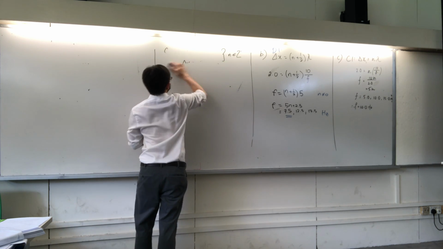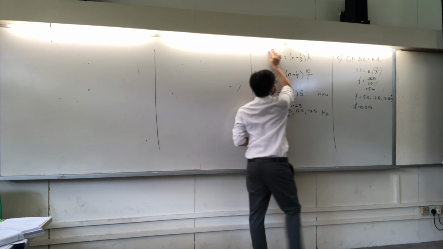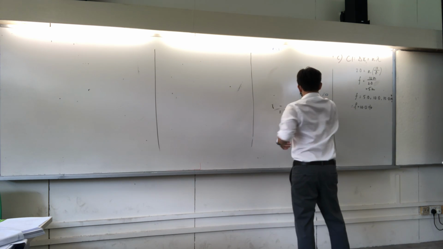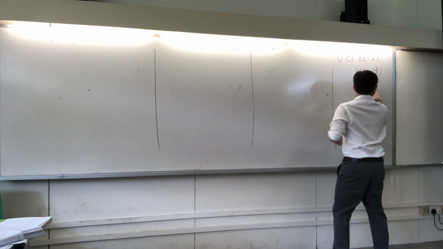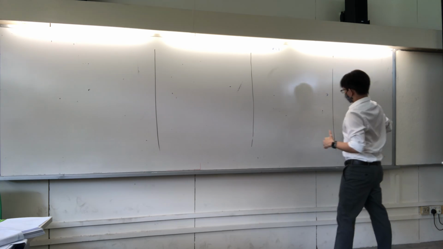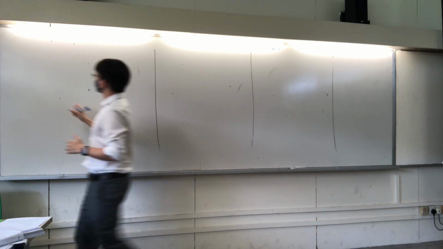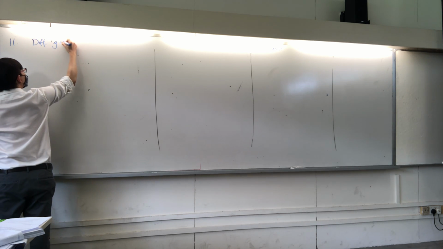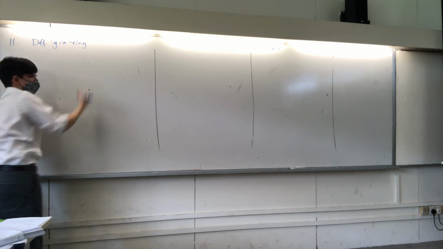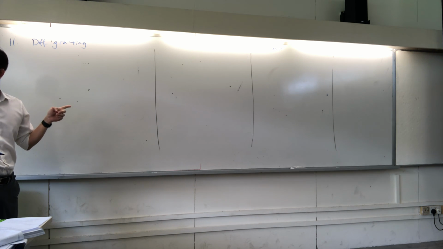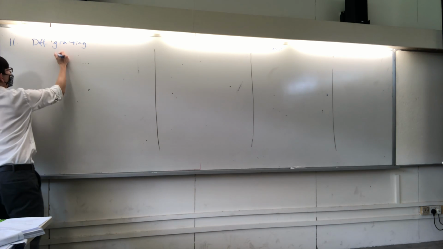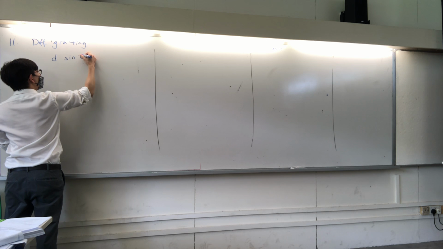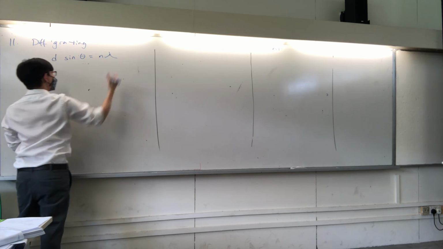Okay, now a recap. We're not doing double slit anymore, we're doing diffraction grating. What's the characteristic equation for diffraction grating? d sine theta equals n lambda.